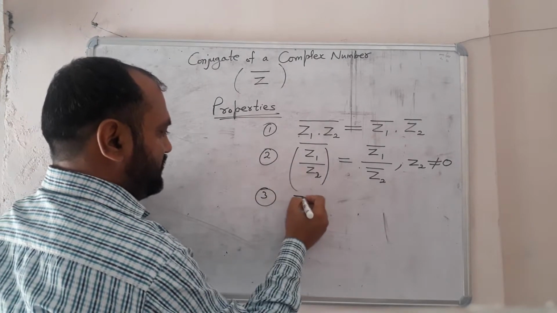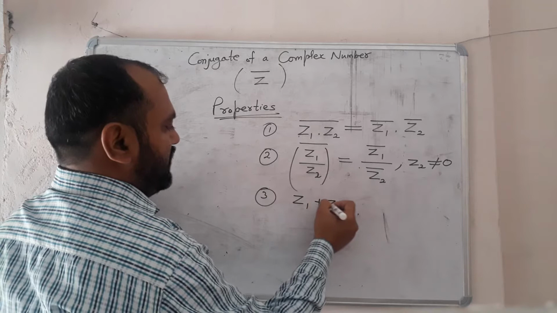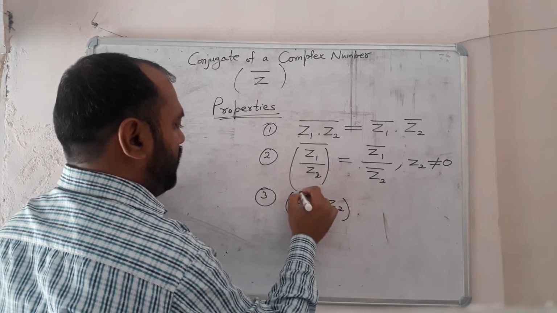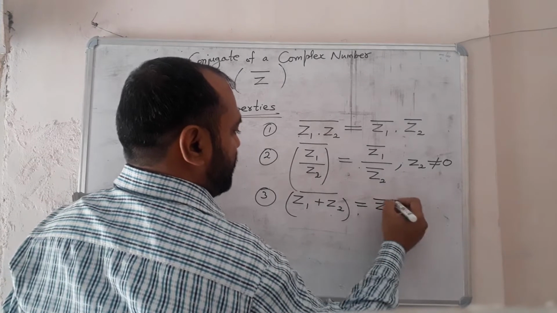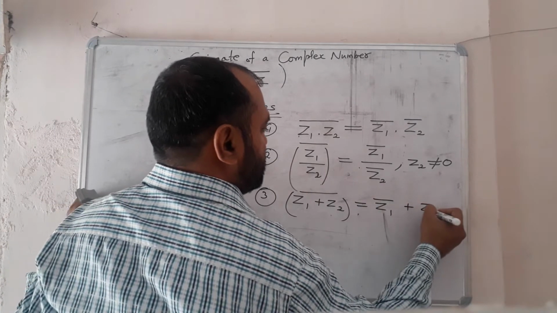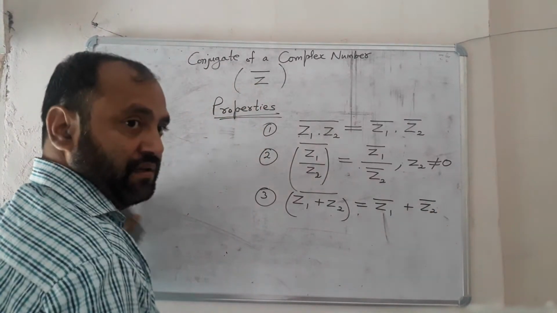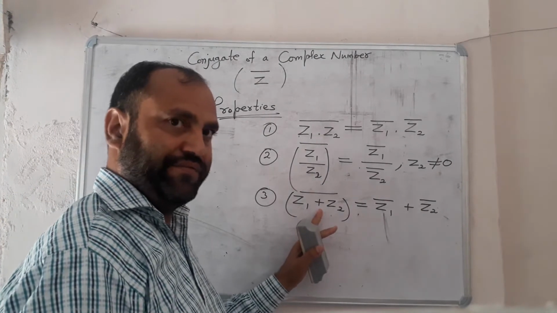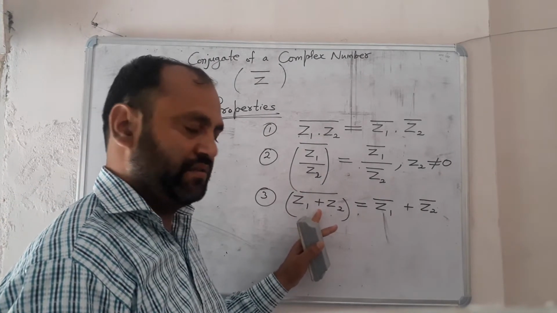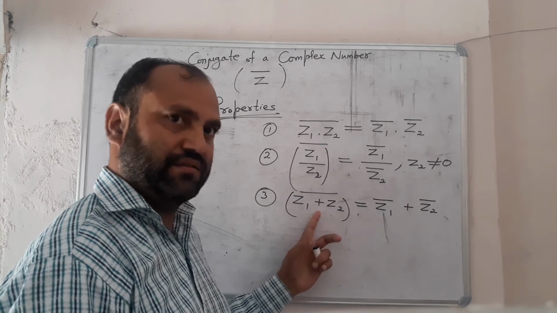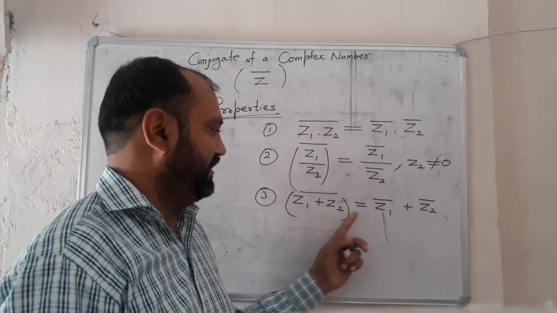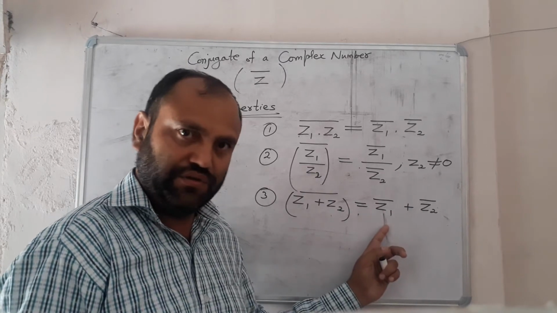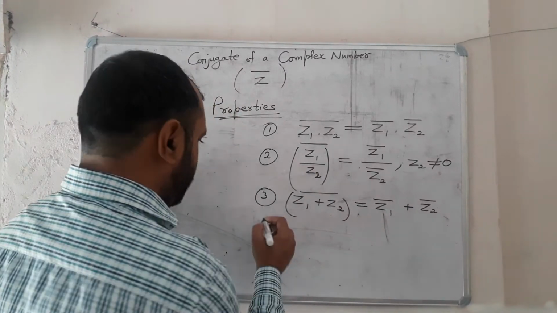Third property is Z1 plus Z2 whole bar, which is equal to Z1 bar plus Z2 bar. Means Z1 plus Z2 whole conjugate is equal to Z1 conjugate plus Z2 conjugate.